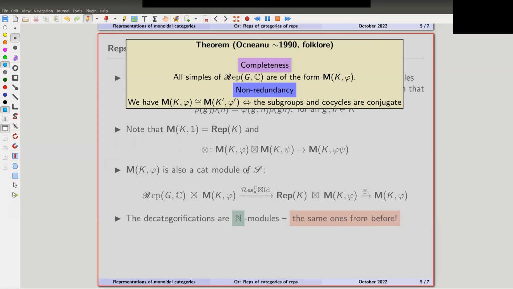For a finite group, you would write down the conjugacy classes, and for each conjugacy class, you have a simple representation. Here, I write down the subgroups, and for each subgroup, I essentially have a simple representation. It's a very similar statement. It's actually kind of cute. So endofunctors of the representation category of a group are determined by subgroups and twists. It's a very cool statement.